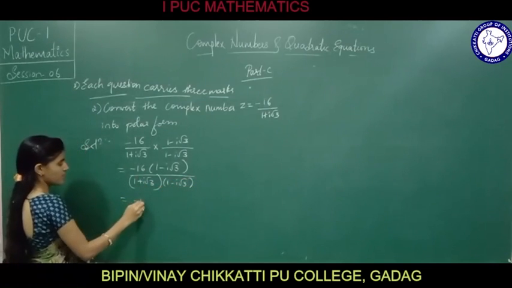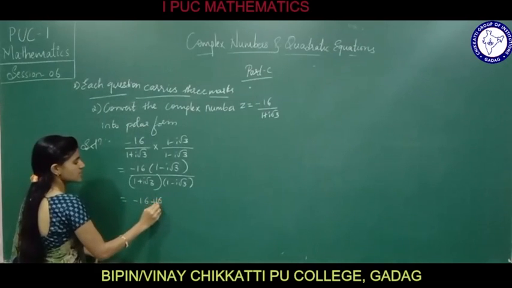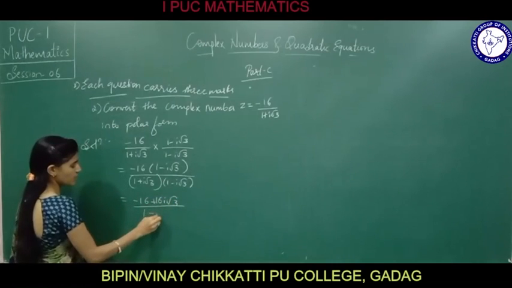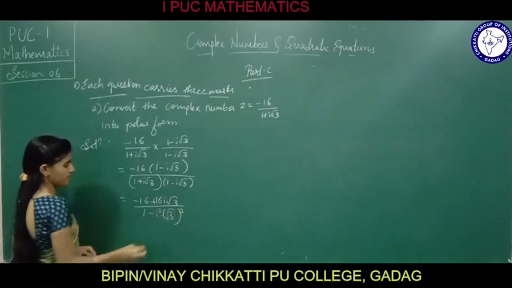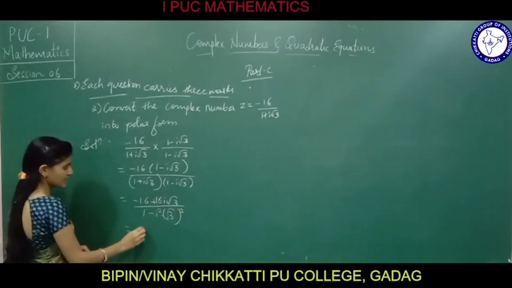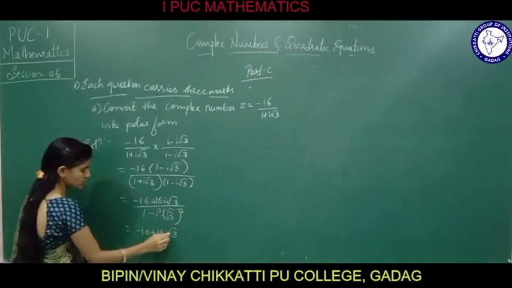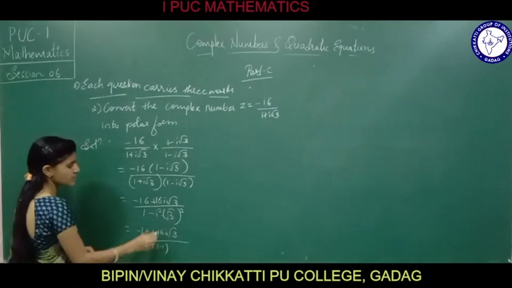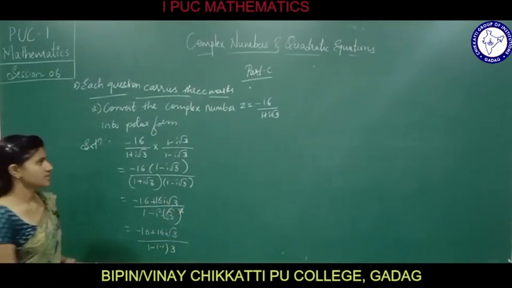Nothing but minus 16 plus 16 i root 3 divided by 1 minus i square into root 3 square. This I am going to get as minus 16 plus 16 i root 3 divided by 1 minus i square is minus 1. Root and square is going to get cancelled. It is left with 3.